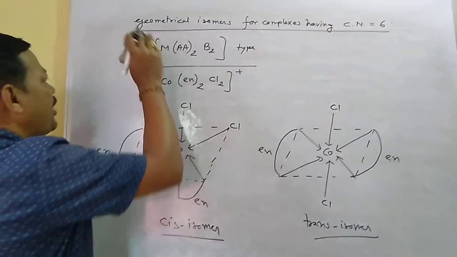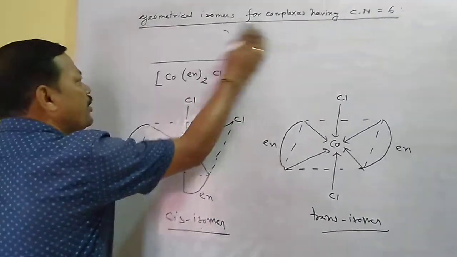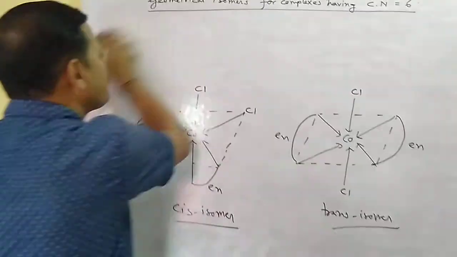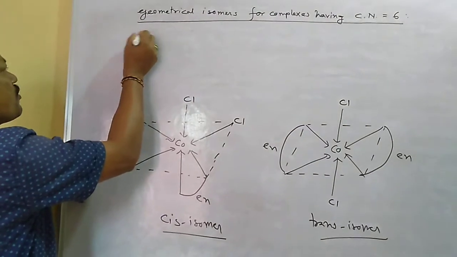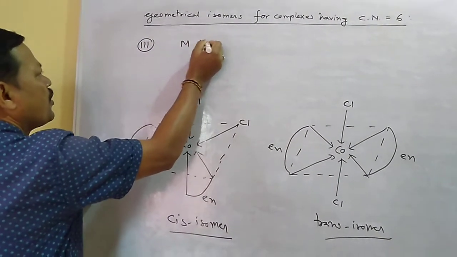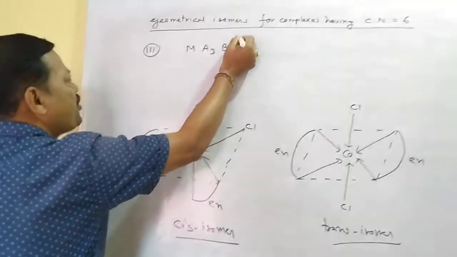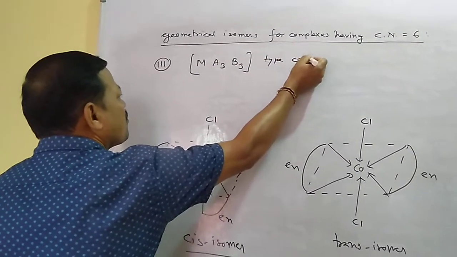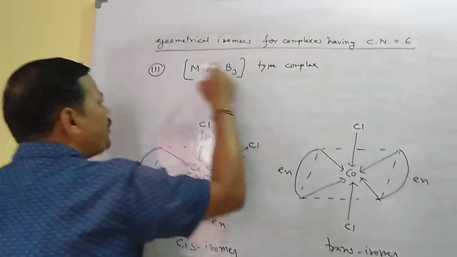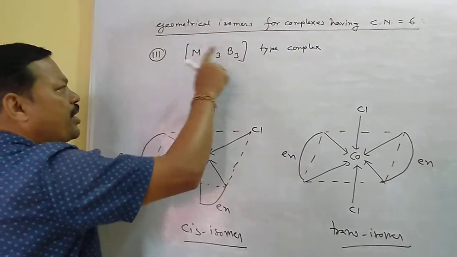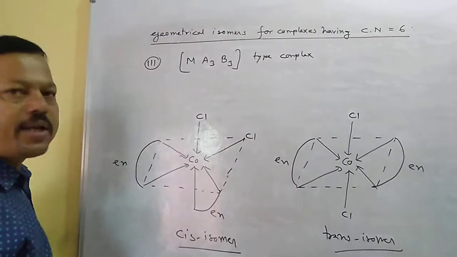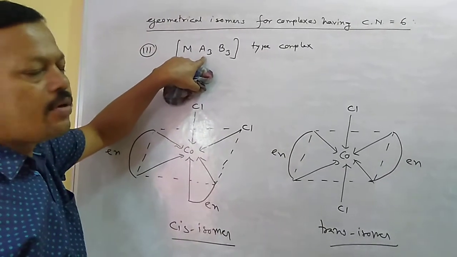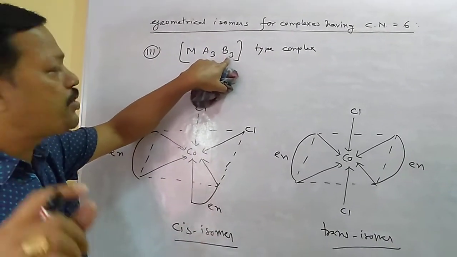So this is one type. Now another type I will take, that will be number 3, A3B3 type complex. M is the metal, A is one type of monodentate ligand, B is also one type of monodentate ligand. 3A produce 3 bonds, 3B produce another 3 bonds.